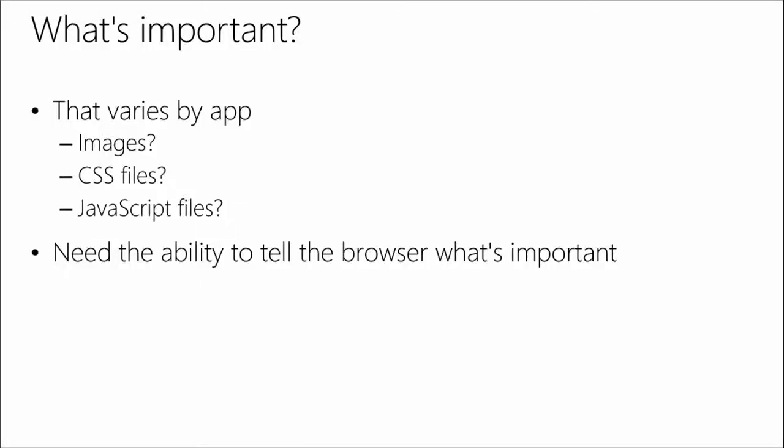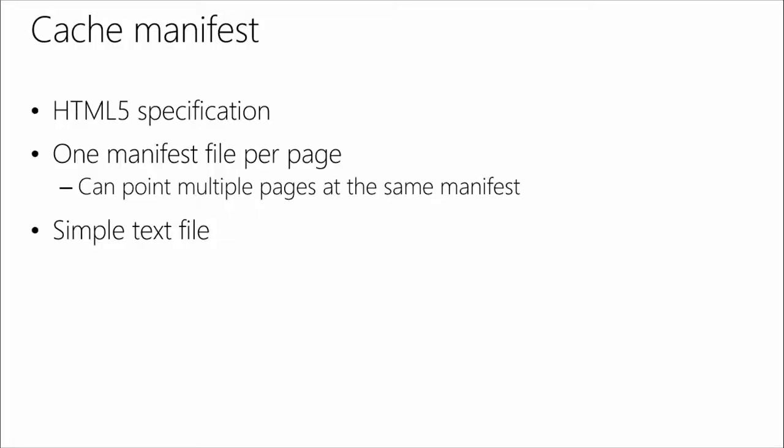It might be images, CSS, JavaScript, HTML, could be all sorts of different things. So if a browser is going to cache data, I want the ability to tell the browser what's important. And this is where our cache manifests come into play.